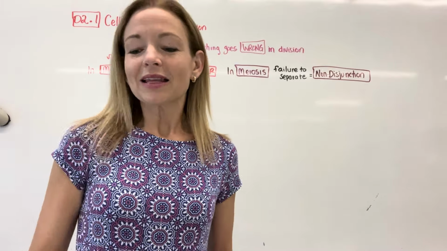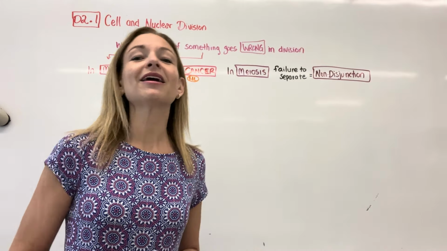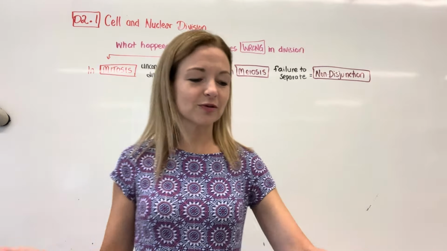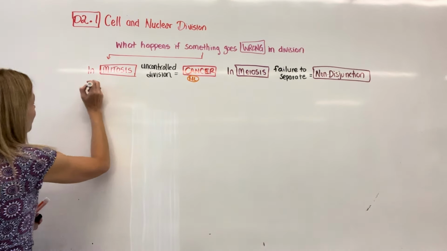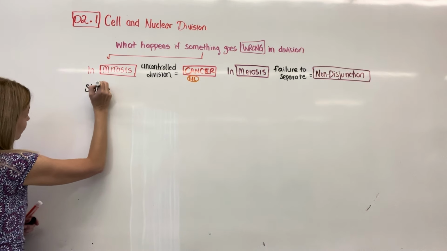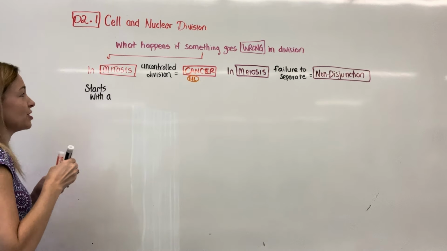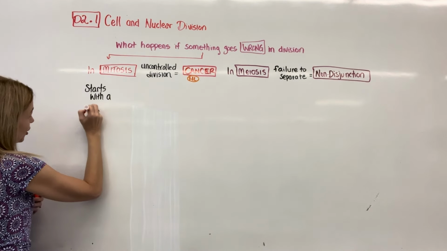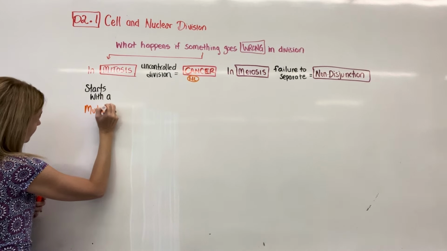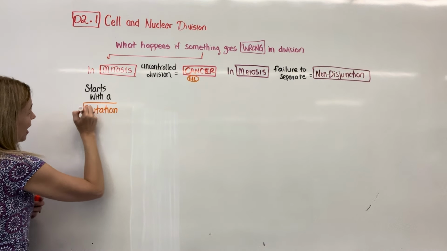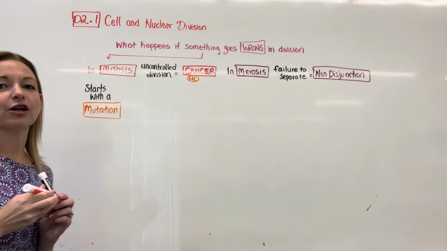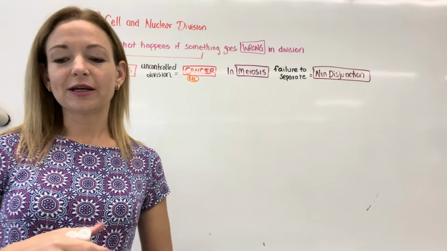Okay, so like everything in biology, it seems, when I ask what does it start with, it starts with a mutation. So all problems, or natural selection, start with mutation. So there's going to be a mutation that occurs, and there are two mutations that are particularly prone to causing problems.